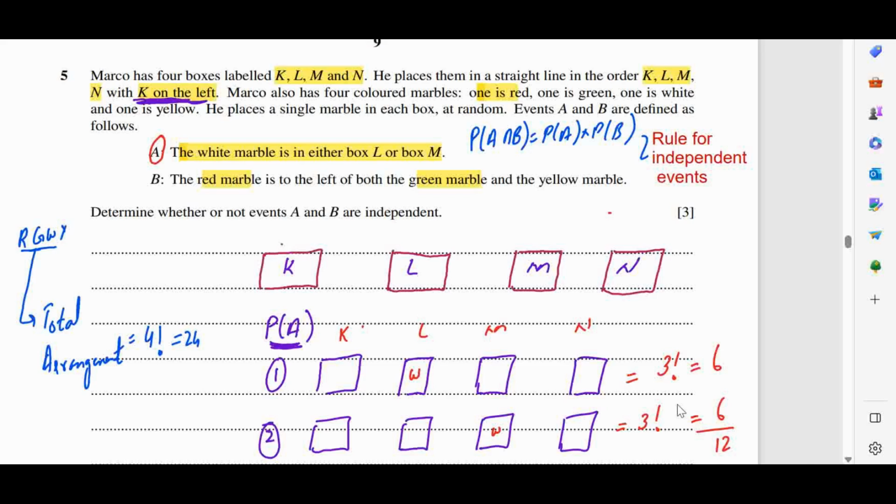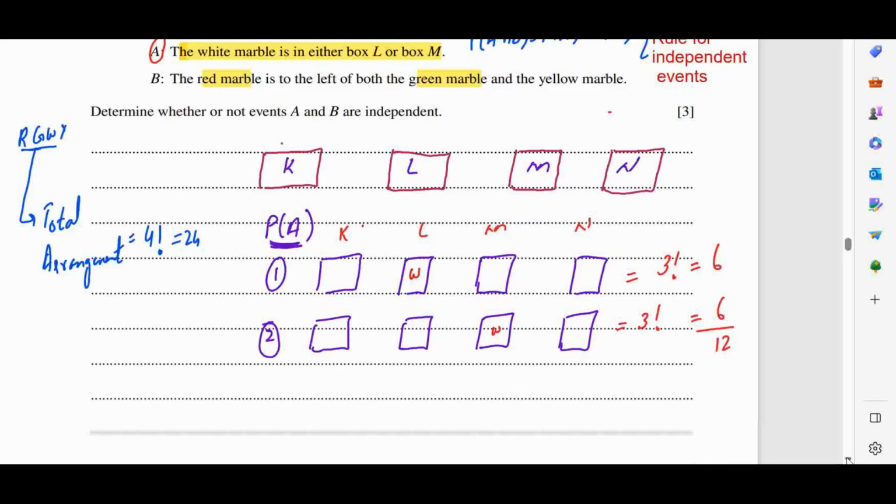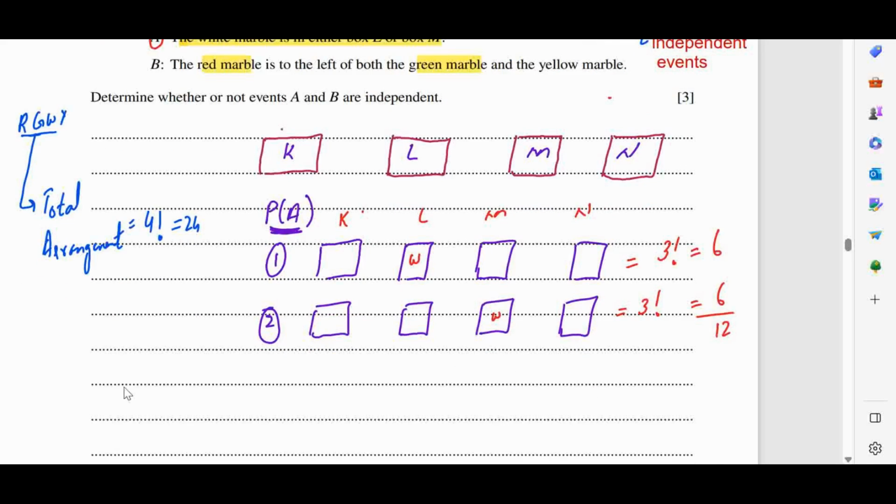So finally, we can say that the probability of event A will be equal to 12 divided by the total number of arrangements, that is 24, which equals 1 by 2. This is the answer for the probability of A.